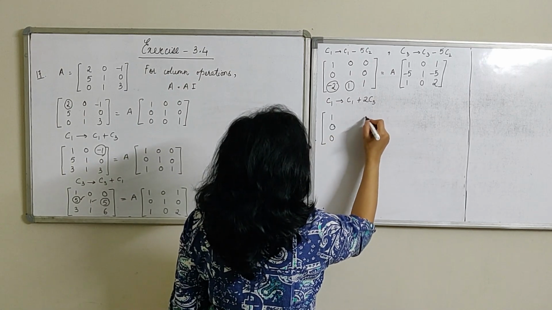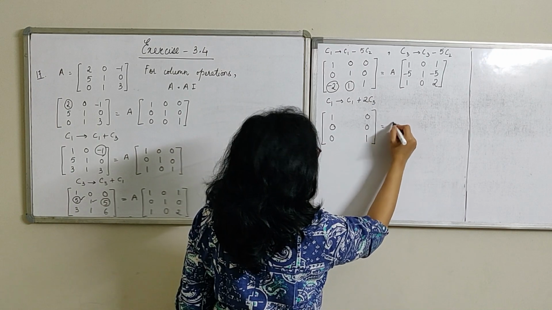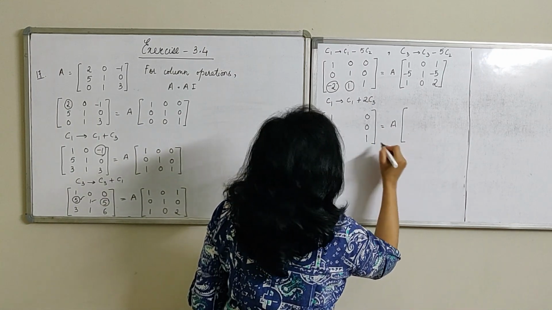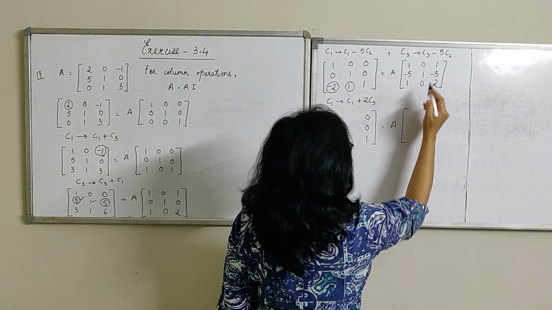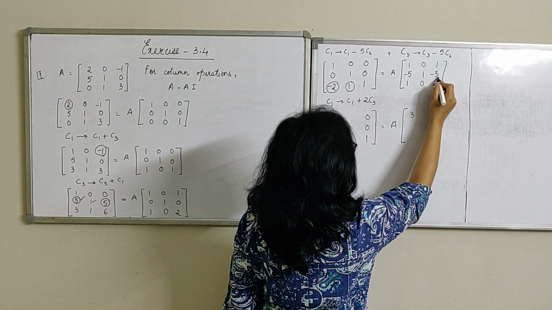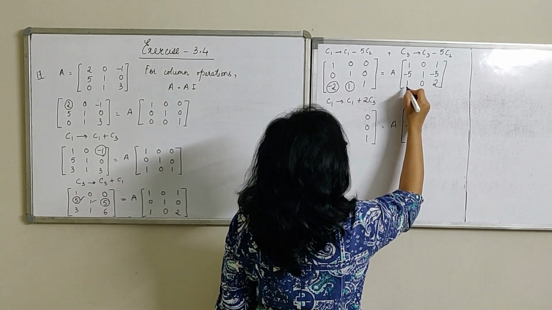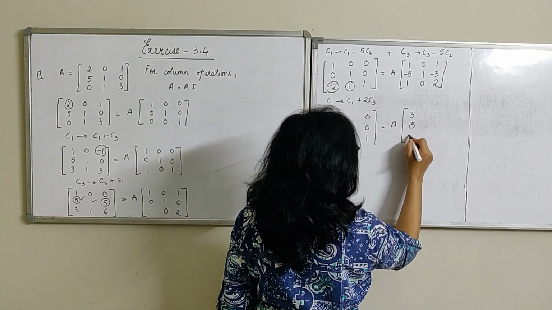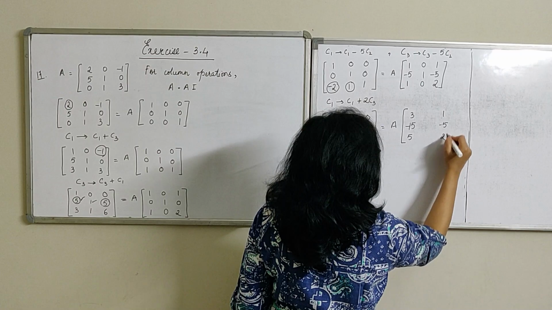Here the third column will remain the same. Second column we'll write down later. Making changes in the first column, this plus twice of this 3, minus 5 plus twice of this will give us again minus 15, this plus twice 5, and the third column is this.